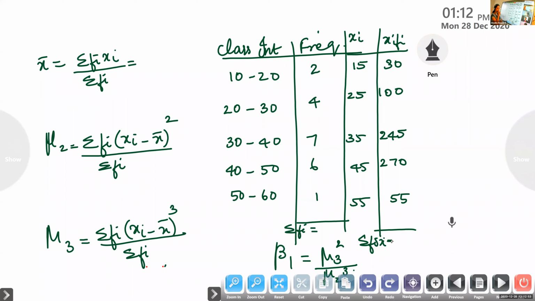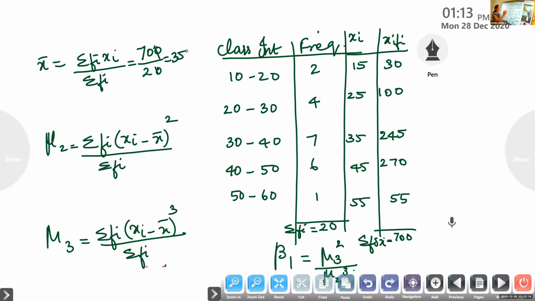What is sigma fi xi? Ma'am, 700. Yes, it is 700. And what about sigma fi? Ma'am, 20. So 700 by 20 will give x bar, which is 35, isn't it?